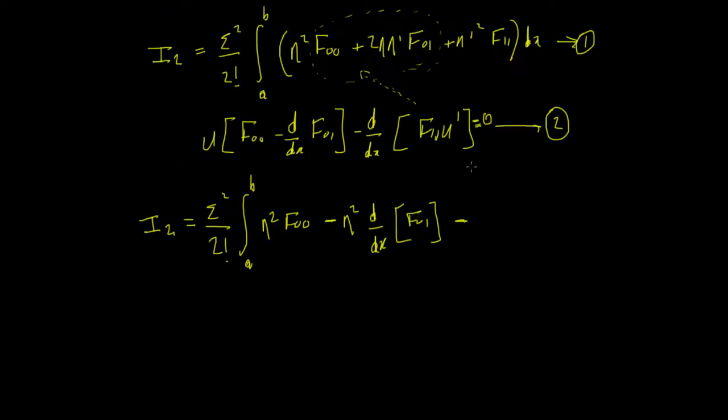We can also write our third term. That eta derivative squared f11 can actually be written in the form of minus eta d by dx of eta derivative f11, the whole thing by dx.